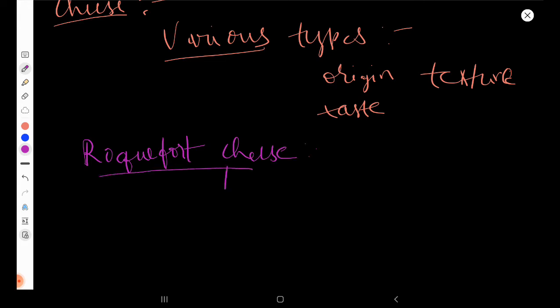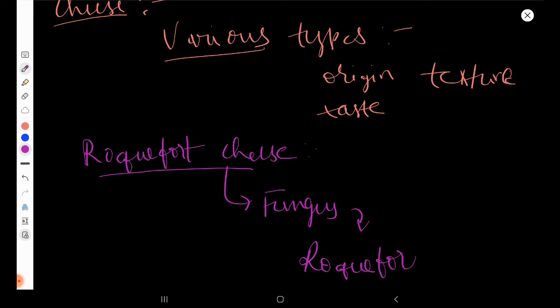This is especially prepared by a fungus called Penicillium roqueforti. This is the fungus which is used in the preparation of this Roquefort cheese, and this is a little important. Please remember this. This is a fungus, it is not a bacteria.